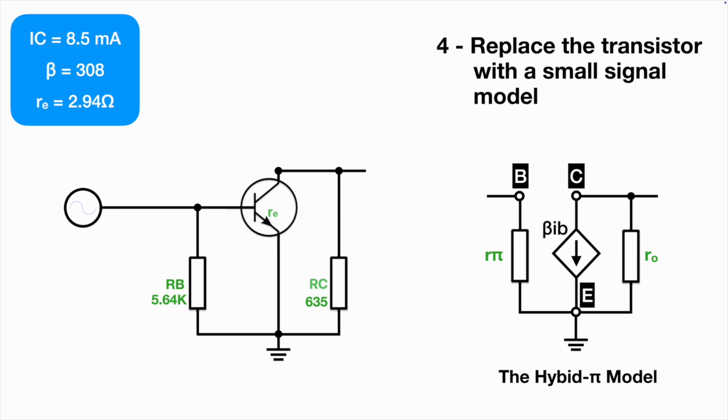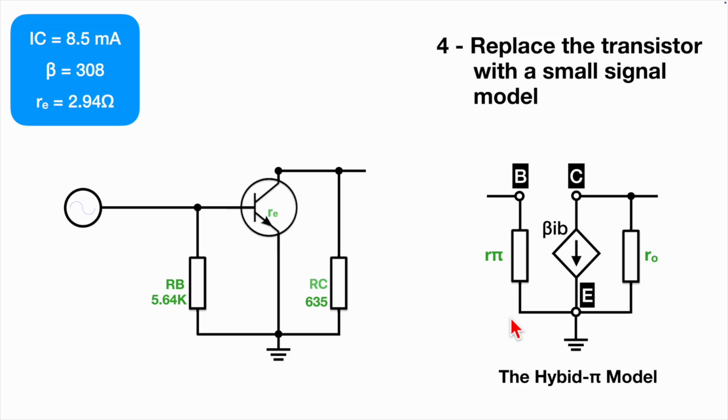Now, what you need to understand here, as you look at this diagram, all of this is this, right? So ignore RB and RC. In a minute, we're going to drop this into here and replace this. But all we're looking at is the actual transistor itself.